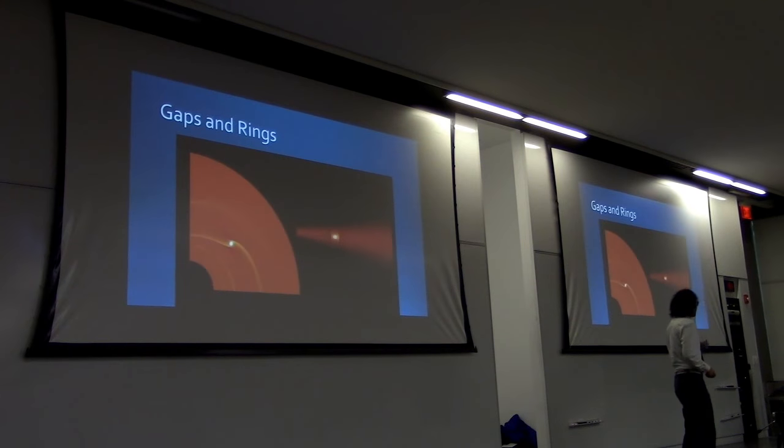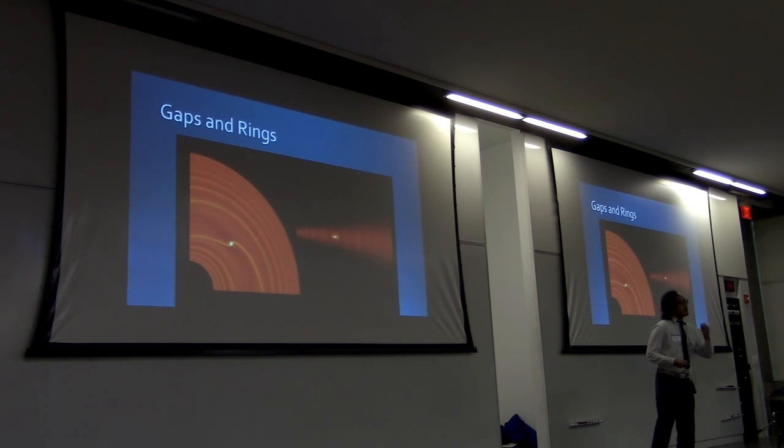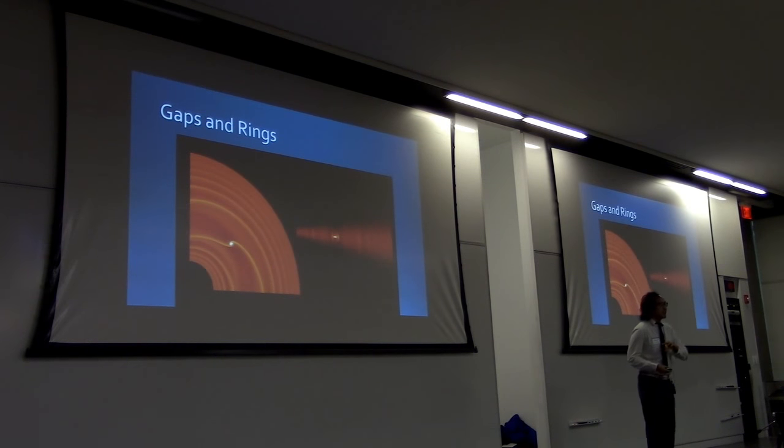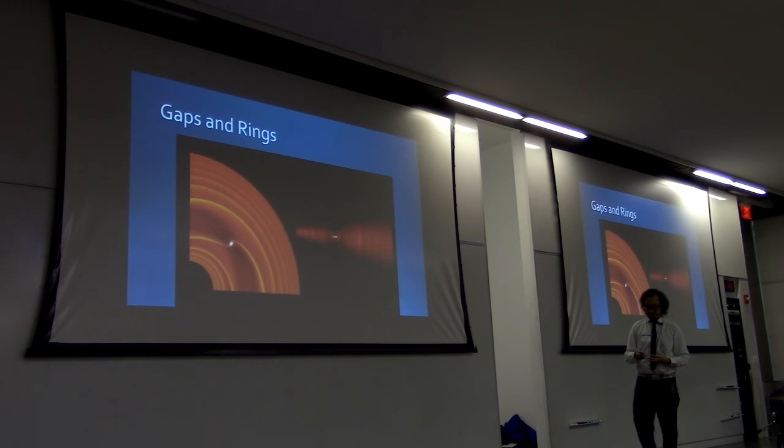And in fact, one can run these complex computer simulations, assuming that you have a planet within this disk, and you can watch as gravity pulls material onto this planet as it rotates around. And in fact, this may lead to these gaps that we can observe.